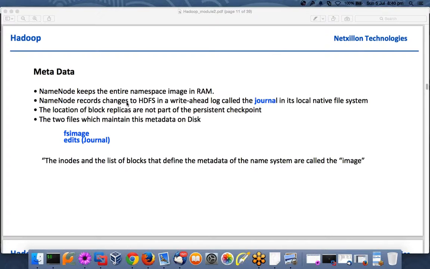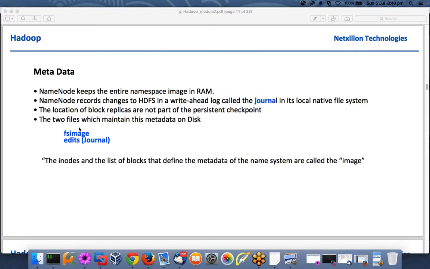Name node records the changes in the HDFS in a journal, which is called edits, similar to a MySQL bin log. Whatever change we do, it writes into a journal, then it is committed to a database. The location of the block replicas is not part of the persistence checkpoint.